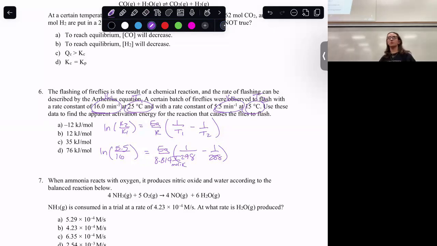I would recommend solving for your ln, keeping that on your left-hand side. I would recommend combining your temperatures, keeping that on your right-hand side, dividing by R, and then dividing by whatever that is. I did this slightly different, so my notes are just a little backwards, so I don't have these numbers.